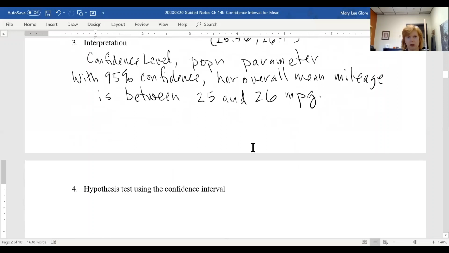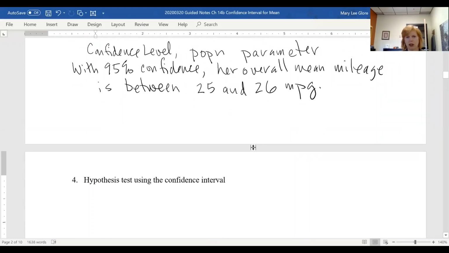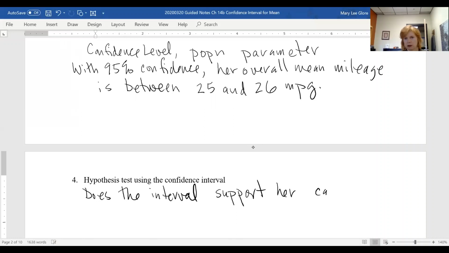Okay, so sometimes we can do a test using a confidence interval. All right, so let's ask this question: does the interval support the idea that her car gets over 25 miles per gallon?